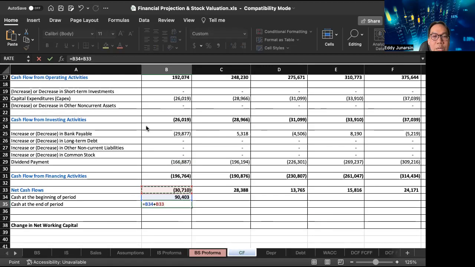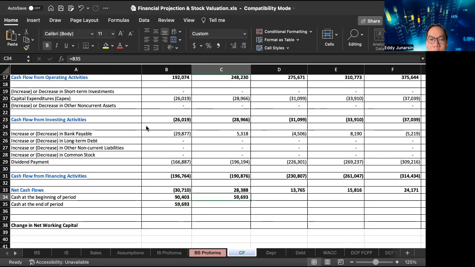And we got the cash at the end of period. So cash at the end of 2021 is cash at the beginning of 2022. See the logic there? So cash at the end of 2021 is cash at the beginning of 2022. Right.